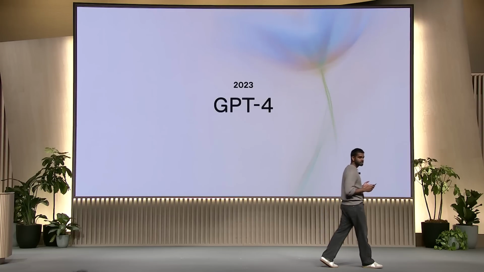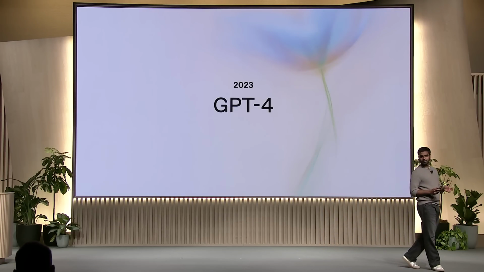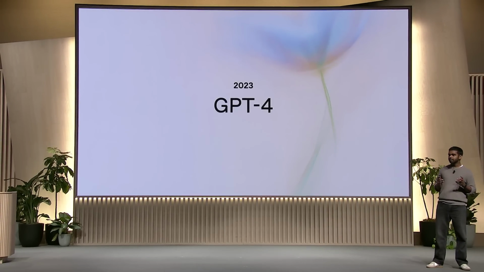Fast forward 3 years, in 2023, we launched GPT-4, a new breakthrough in LLM intelligence. For the first time, models were capable of advanced reasoning, following complex instructions, extracting information from long documents, and taking action on behalf of users.